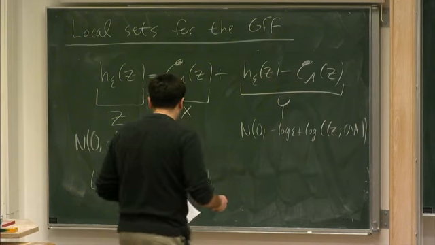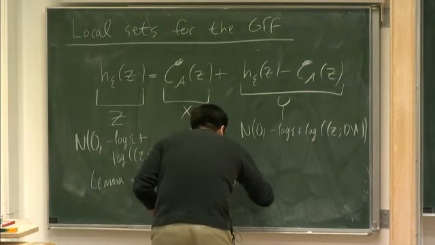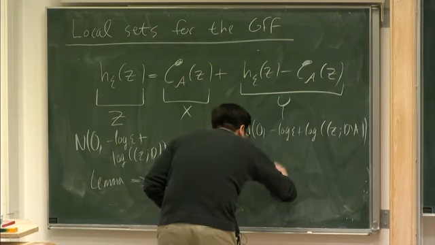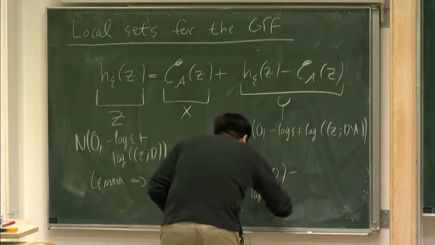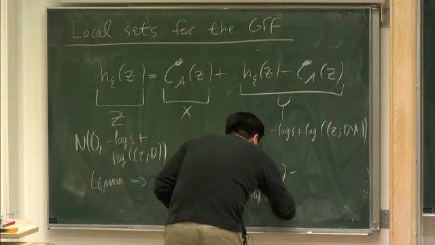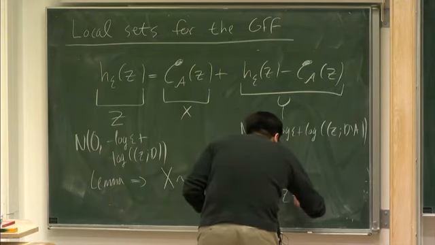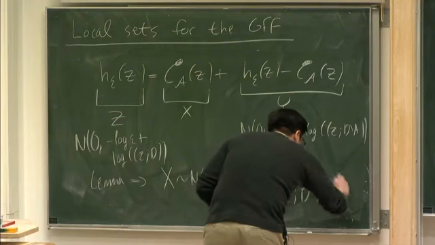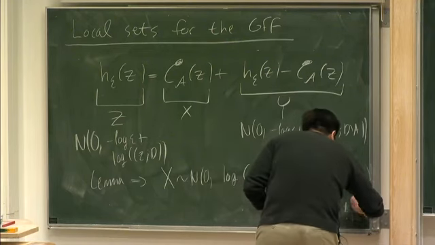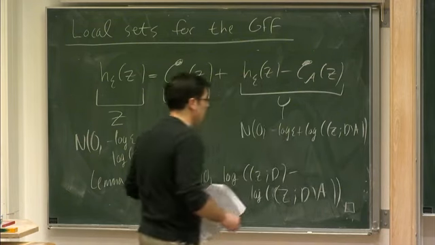And so I'm just going to get the log of the conformal radius of z in D minus the log of the conformal radius of z in D minus A. And that proves this fact.